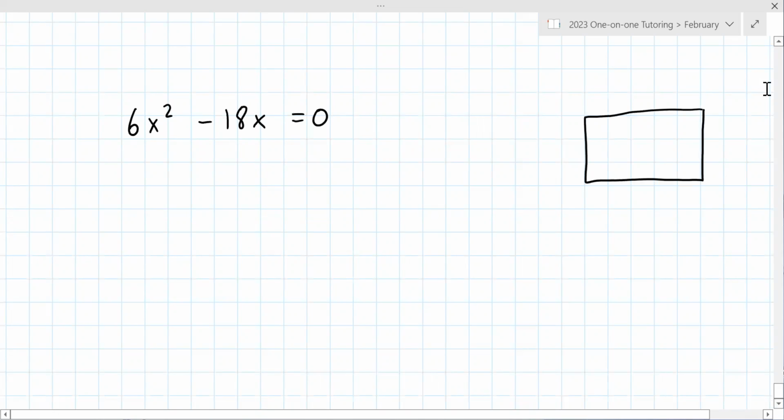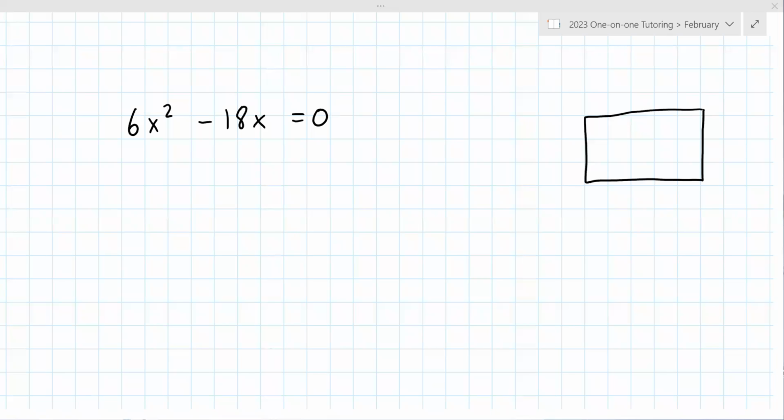Let's go 6x squared minus 18x equals 0. And I just want the final two answers here. GCF is 6, x minus 3 equals 0, 6x equals 0.